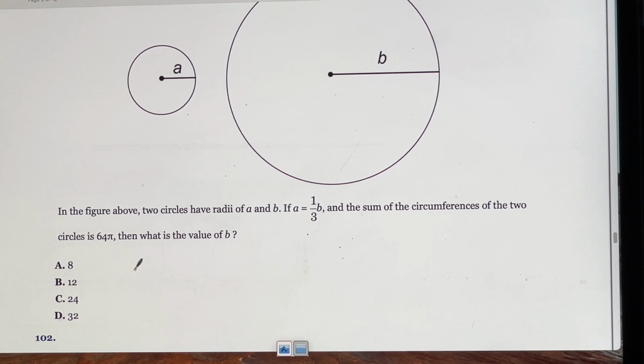Hang on a second. Okay, so circumference is pi times d, or if you want to use the radius, it's 2 times pi times the radius.